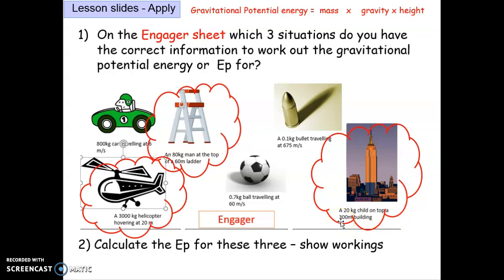So let's use 10 for the gravitational field strength, that's 10 newtons per kilogram. In this example, we've got a 20 kilogram child on top of a 300 meter tall building. So calculate the EP, gravitational potential energy, for those 3 using the MGH equation: mass times gravity times height. Off you go.